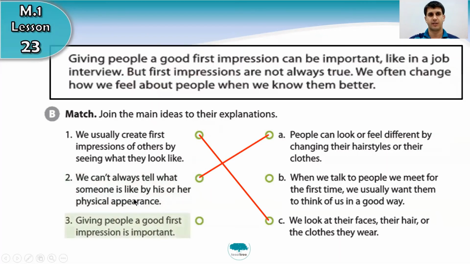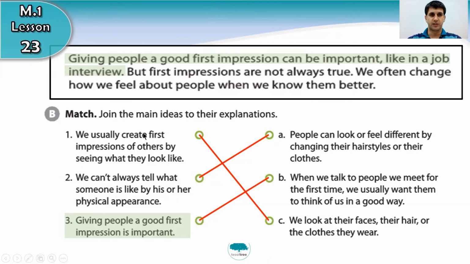A. Okay. Giving people a good first impression is important. When we talk to people we meet for the first time, we usually want them to think of us in a good way. Okay? Like a job interview, we want to impress the person so they think we are a good person.